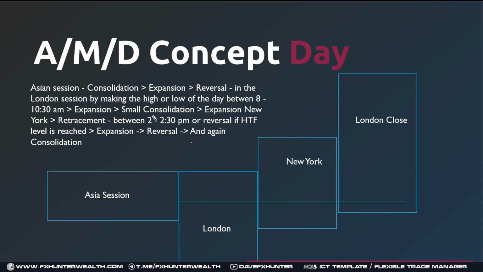So let's look at it by the dates, right? So we have an Asian session where we're getting this consolidation, right? Then we have an expansion, which could be going to the reversal once the price gets back above this Asian session low, or above the daily open. It's going to be another confirmation. And during the London session, by making high or low of the day between 8 to 10:30, which is the time as I mentioned here, right?